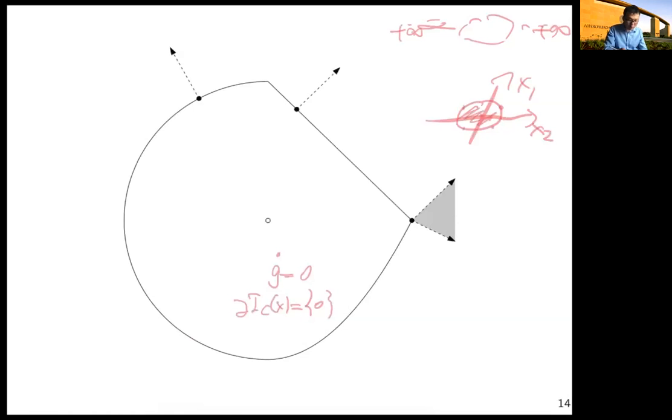On the boundary, you can work with any hyperplane, as long as this G is in the normal cone. At these non-differentiable points, it can be a convex set of all G. So any G inside the normal cone at this location x is going to be a valid subgradient of this indicator function.